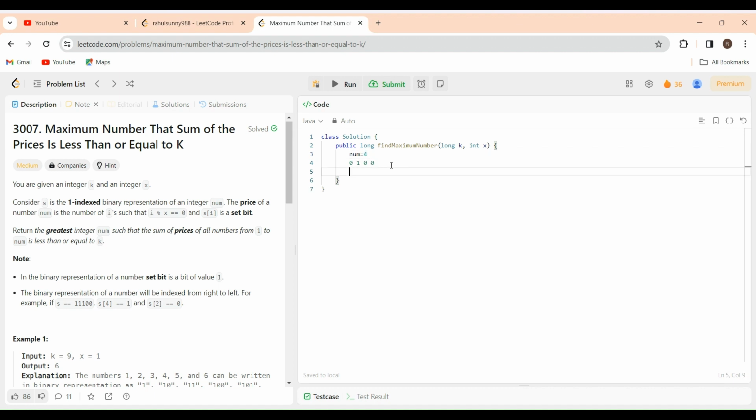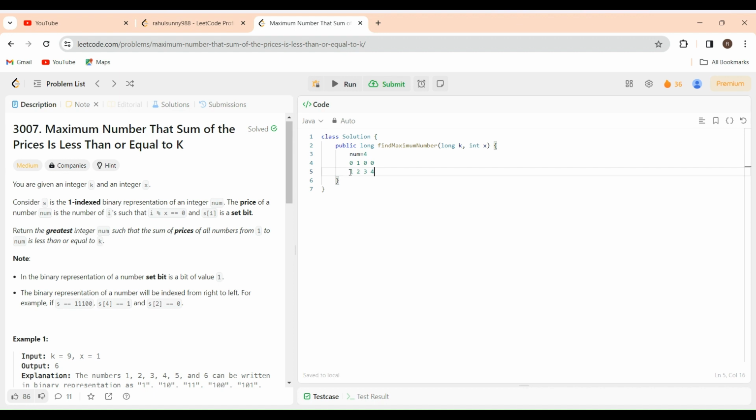Here this is the zeroth bit, this is the first bit, this is the second bit, and this is the third bit. In this way the i is represented. We have to consider it as one-based indexing, so the zeroth index becomes 1, then 2, then 3, and the fourth bit.